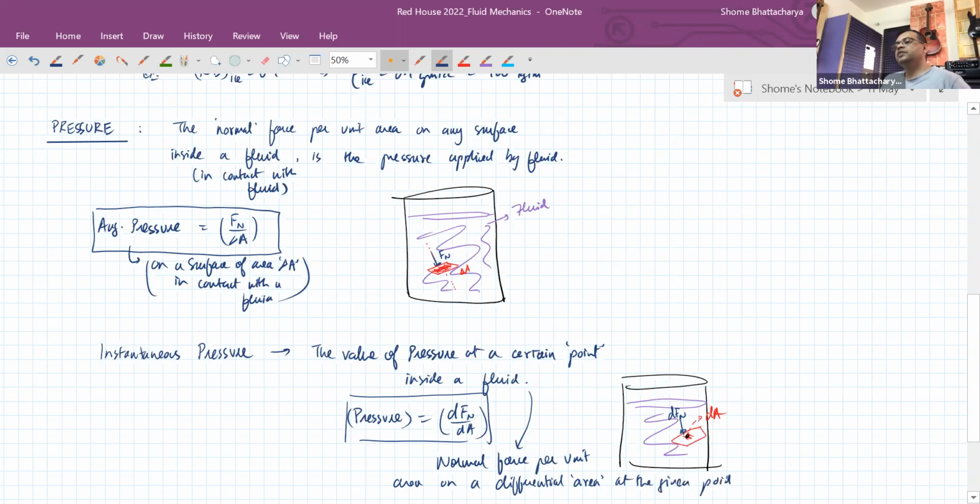And another way to justify why we can get away with treating pressure like a scalar at this stage is because the value of instantaneous pressure at a point will not depend on the direction in which the force is acting. So in one case, let's say I'm placing that differential area like this. So dA is like this, and the direction of the force it will experience will be like this.